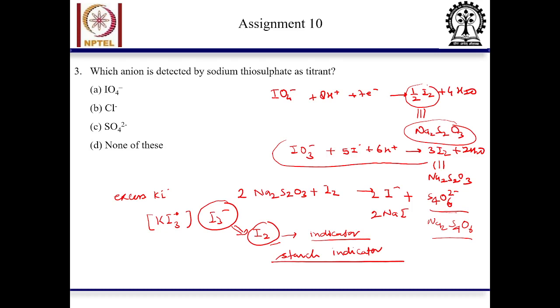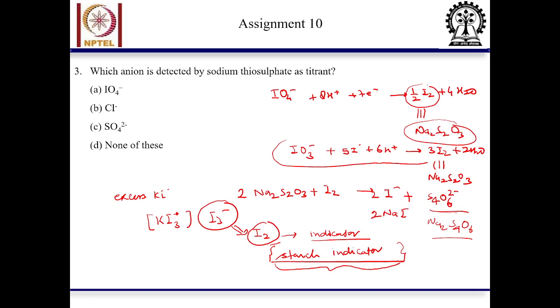One more important thing: starch should be freshly prepared, and it should be put in before the endpoint, not initially, because initially the iodine concentration is very high and it can form a stable complex with starch, which will not go away at the endpoint also.